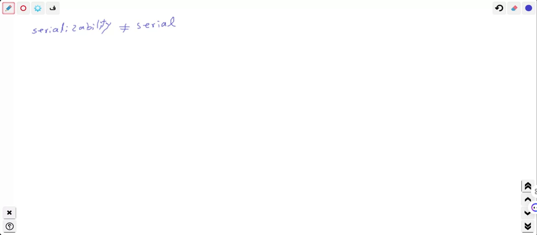But by serializability, we mean concurrent schedules that are equal to serial schedules. A serializable schedule is not serial, it's concurrent, but is equal to a serial schedule.